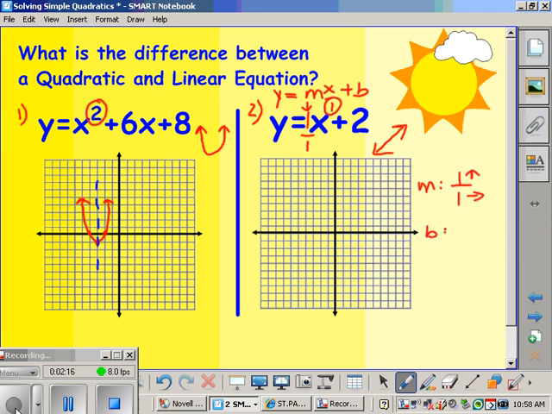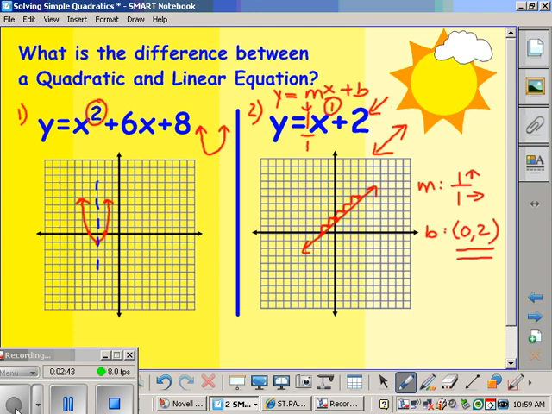And then the y-intercept is the b, which is the 2, so 0, 2. So if we graph a point at 0, 2, which is our y-intercept, and we use our slope to go up 1 and right 1 several times, or you can reverse that pattern, you will see we have a straight line.